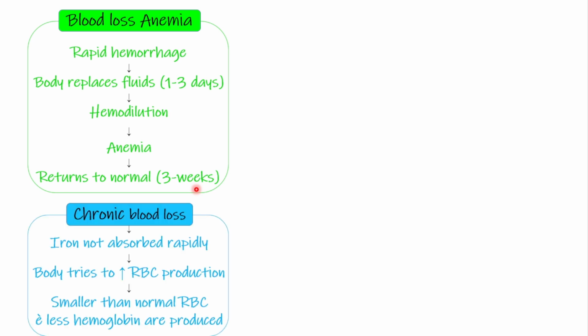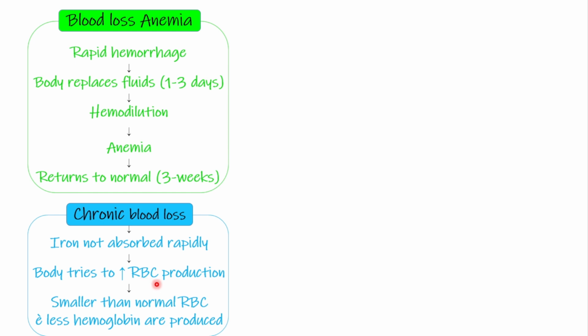Now, if there is chronic blood loss, the blood loss is continuing from one part or another. For instance, some GI cancers or continuously bleeding ulcers or hemorrhoids which keep bleeding. In that case, the iron is not absorbed as rapidly as the blood is being lost. So the body tries to increase RBC production, but the speed of the blood loss is greater than the speed of iron absorption.